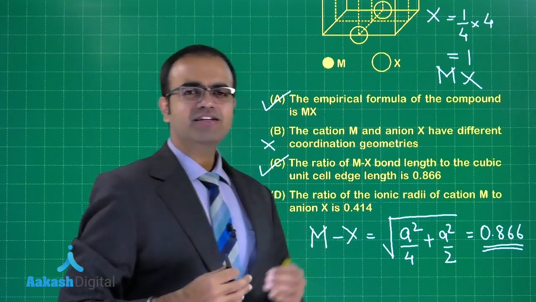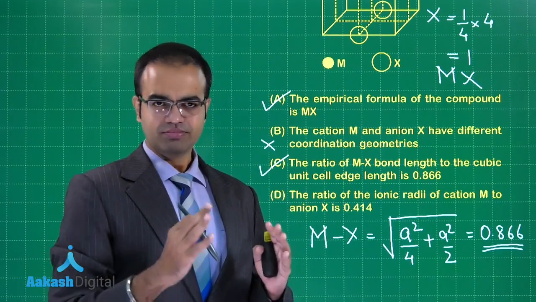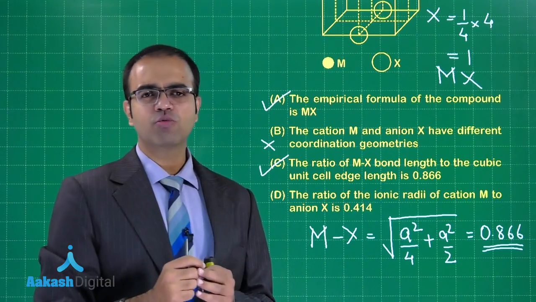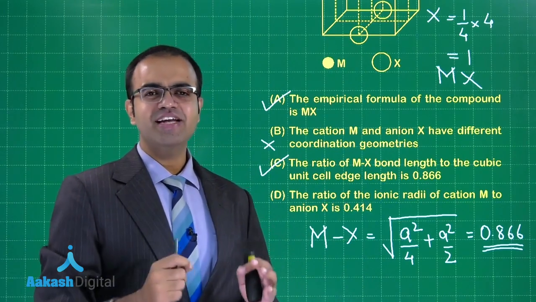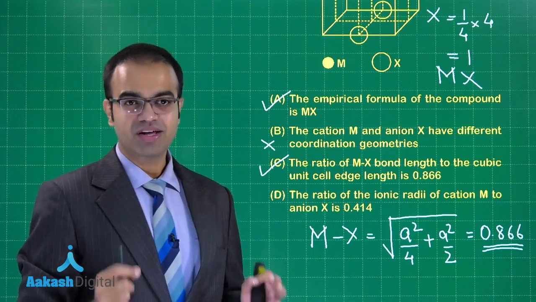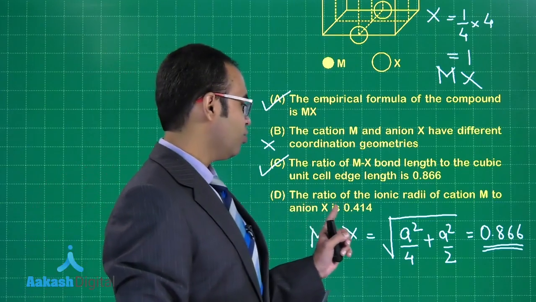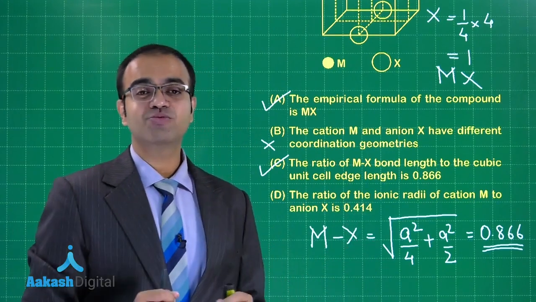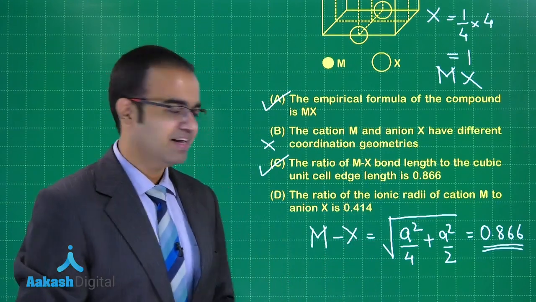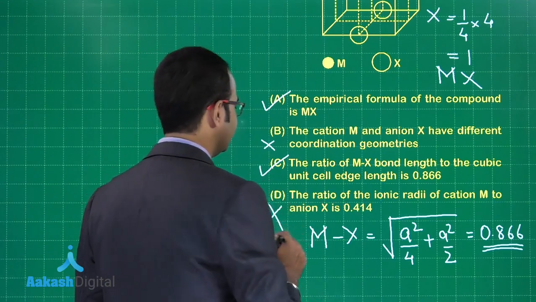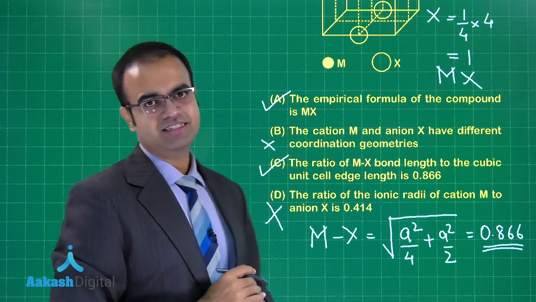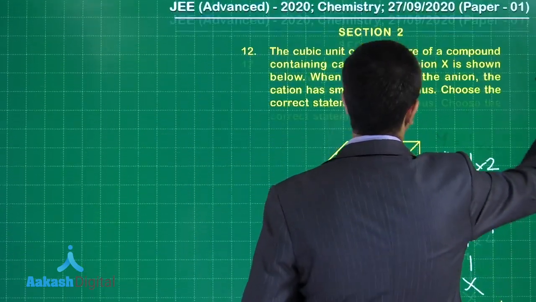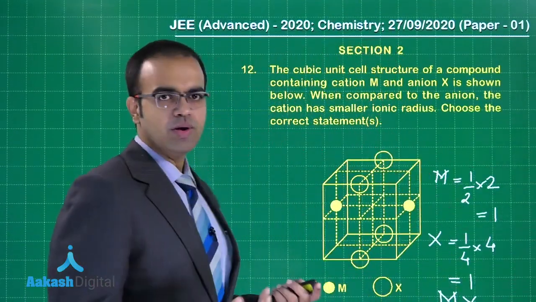Didn't I just say that it is occupying the cubical void? What is the minimum radius ratio for a cubical void? For a cubical void, the radius ratio is 0.732, right? What is the value given? 0.414. So option D is incorrect, guys. So the correct answer is A and C. Okay. I hope you've understood this. Let us move on to the next question, guys.